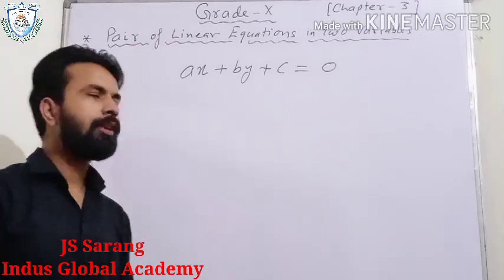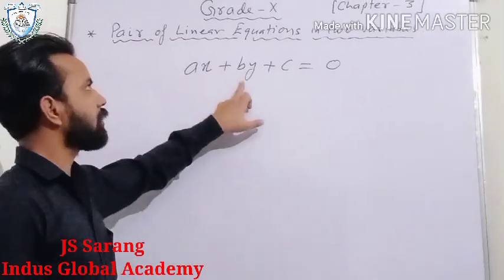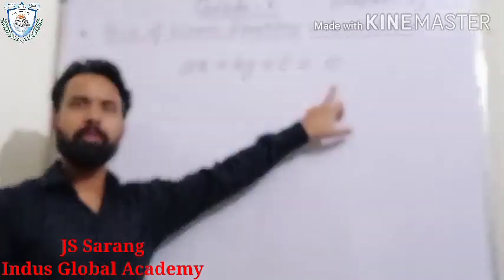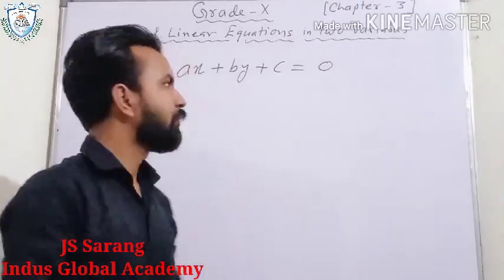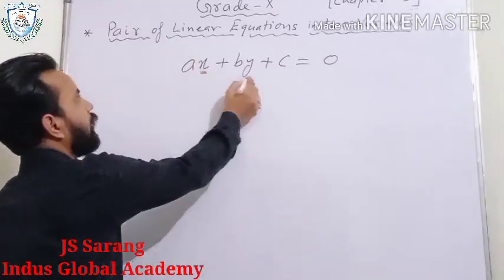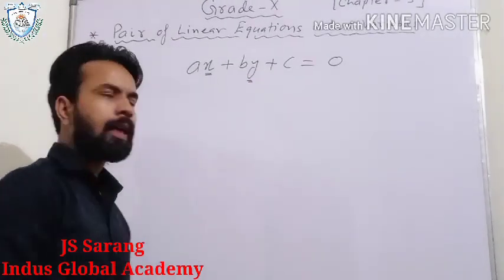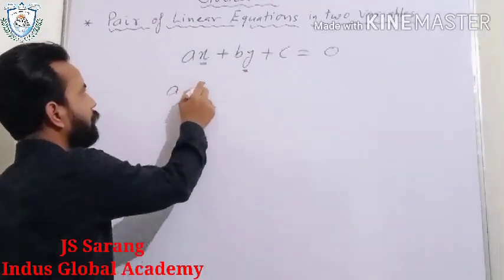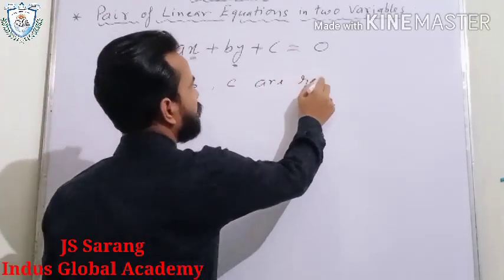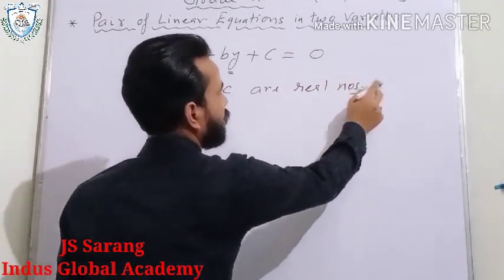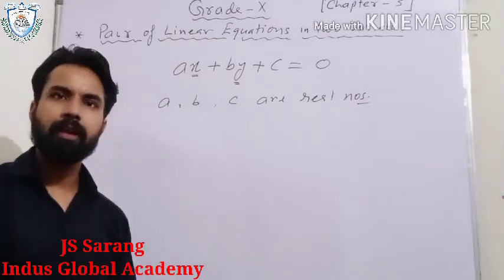Every equation which can be written in the form ax + by + c = 0 will be a linear equation in two variables, where x and y are the variables and a, b and c are real numbers.